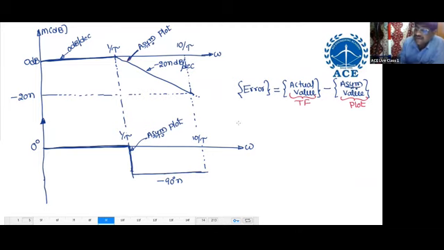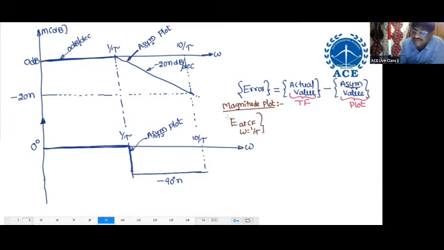First take the magnitude plot. Error at the corner frequency. What is the corner frequency? 1 by tau.